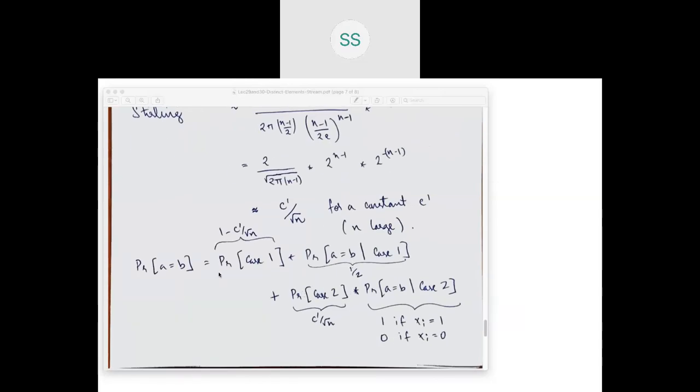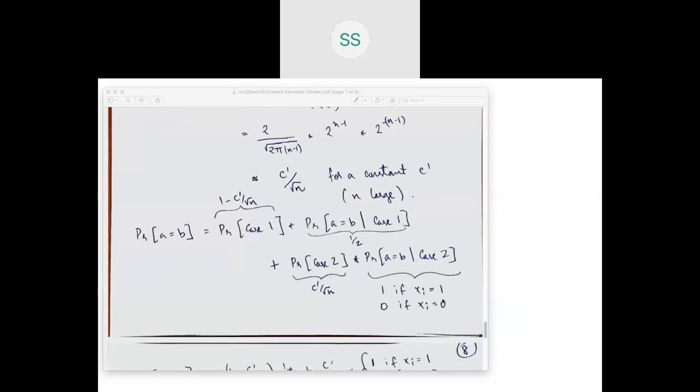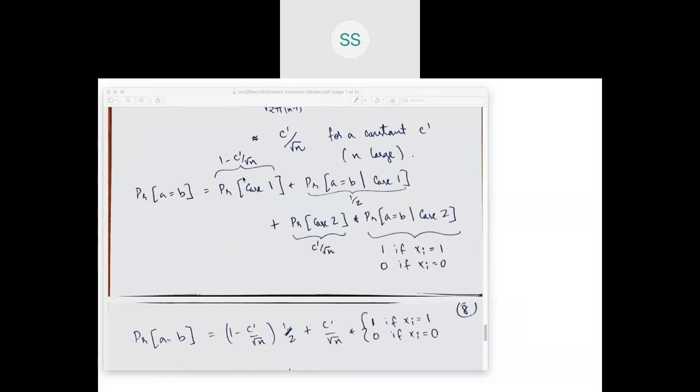Probability that A equal to B is the probability that we are in case 1 times the probability that A equal to B in case 1, plus probability that we are in case 2 times probability that A equal to B in case 2. The first part is easy. This is 1 minus c dash divided by square root n, and this is half. The second part is c dash divided by square root n, and this thing depends on the value of xi. It is 1 if xi equal to 1 and 0 if xi equal to 0.